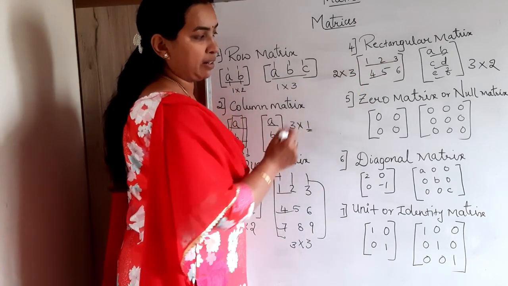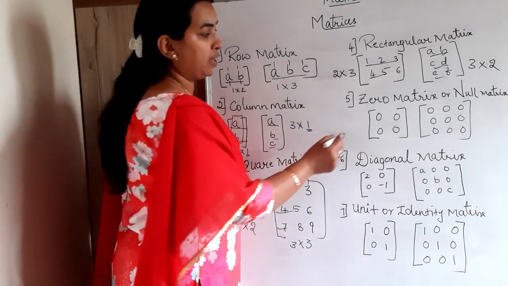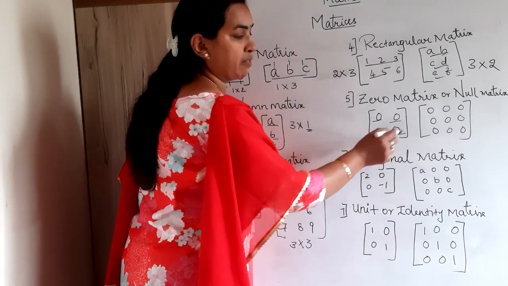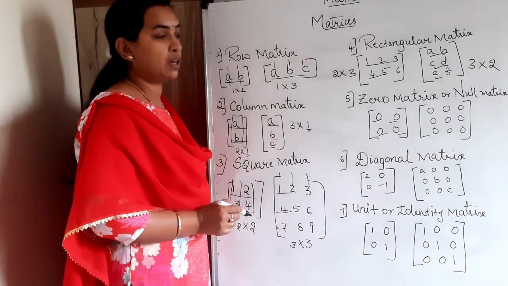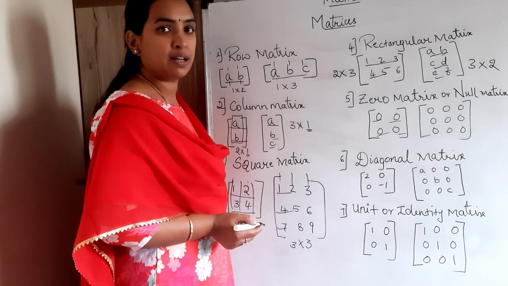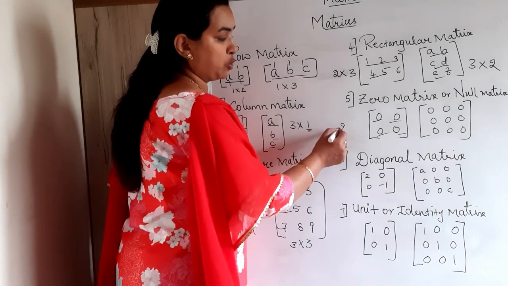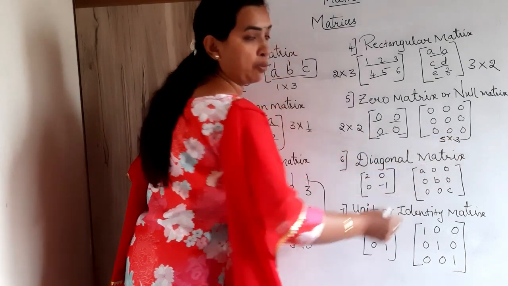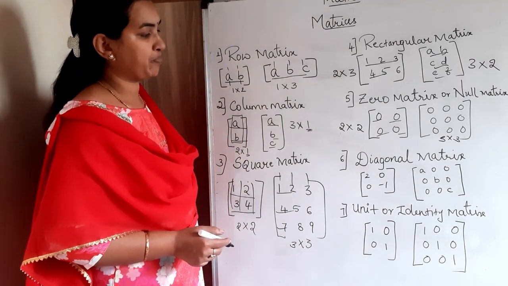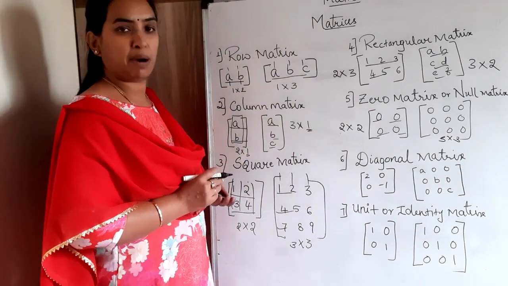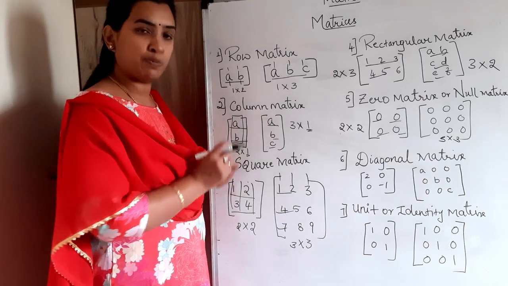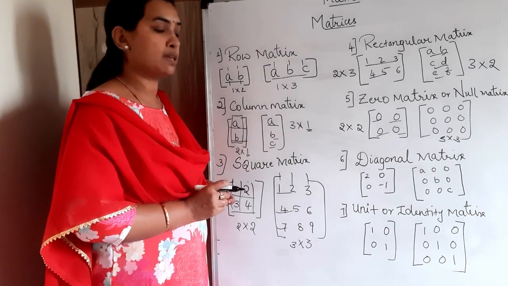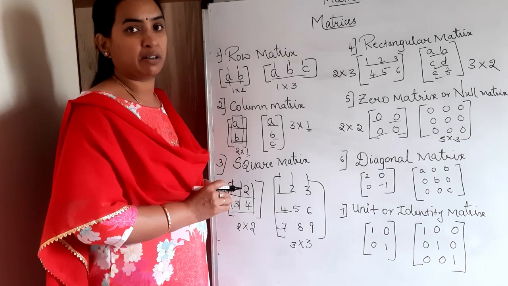For a zero matrix, all the elements must be equal to 0. The zero matrix is also called a null matrix. So it is a 2 cross 2 zero matrix, whereas this is a 3 cross 3 zero matrix. Okay. Next, the diagonal matrix. For a matrix to be a diagonal matrix, first of all, it must be a square matrix.